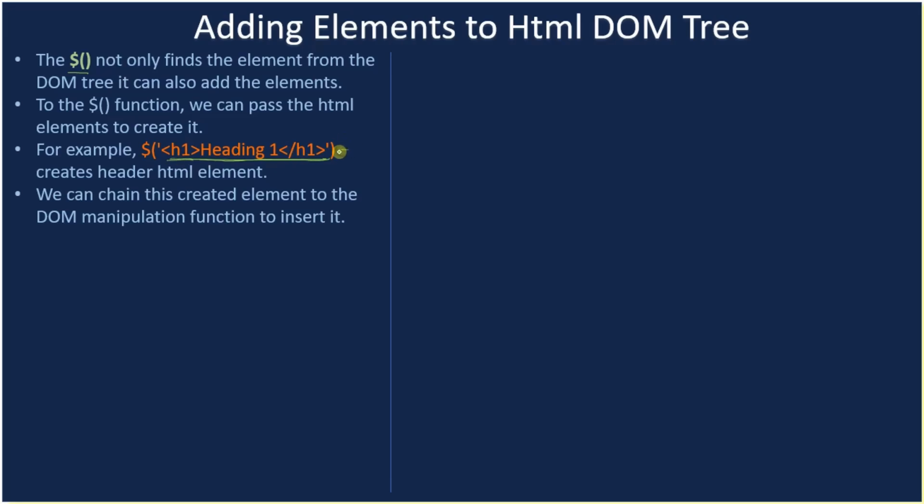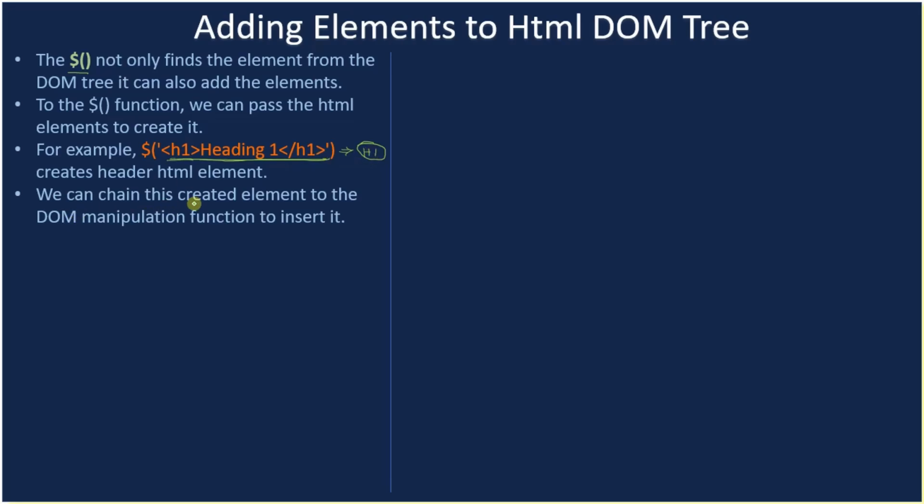The H1 is returned, just like how the select query selects and returns the element. In the same way here, the element is created on the fly and given back to you.